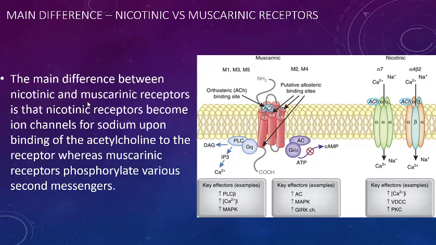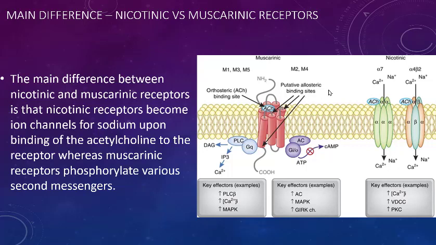The main difference between them is that the nicotinic receptor becomes an ion channel for sodium upon binding of acetylcholine to the receptor, whereas the muscarinic receptor phosphorylates various second messenger systems.